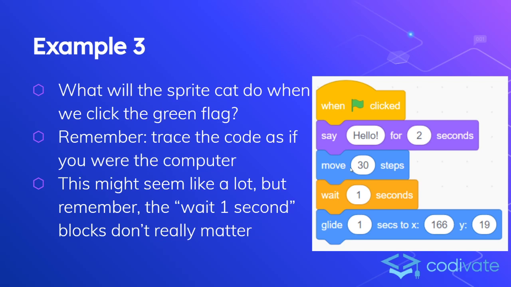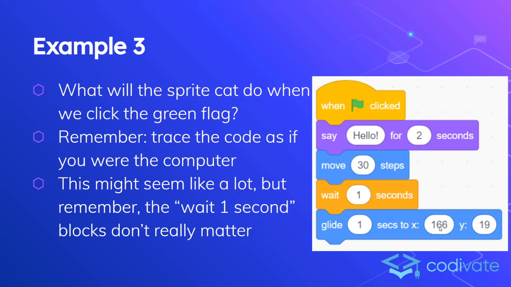After the cat says hello, it's going to move 30 steps. We don't know what direction it's going to move, because we don't know what direction it's facing right now, but we're just going to assume it's to the right. So it'll move 30 steps right. Then, after it moves 30 steps, it's going to glide to this position. And if you remember from previous classes, we had coordinate planes, and we learned that the first number is how far to the right or left we're going, and the second number is how far up and down.